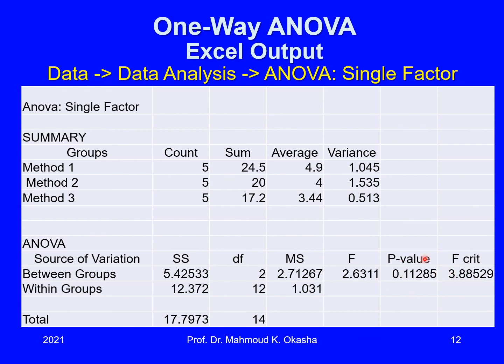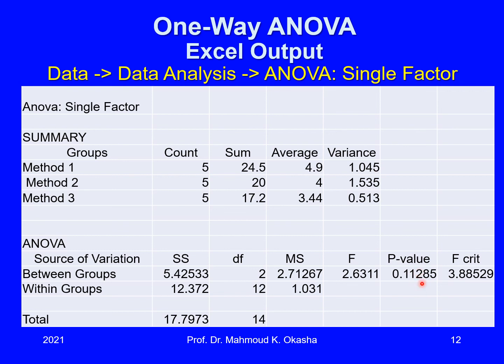But here you also get the p-value, which we cannot actually calculate by hand, only using Excel or a statistical package. It's very difficult or impossible to calculate by hand. But we get that, which is very big, much bigger than 5%, or bigger than 0.05.